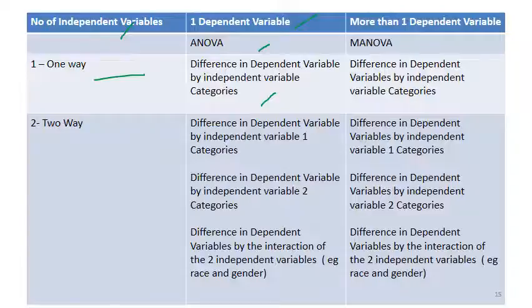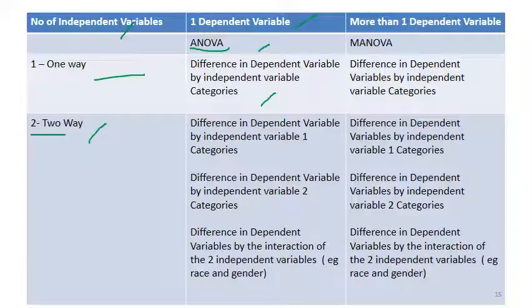If we're dealing with 2 independent variables, it doesn't matter whether it's 2 categories or 3 categories, it really doesn't matter. What matters is we're dealing with 2 independent variables here. Then this is what we mean by a two-way. And if it's one dependent variable, then it would be a two-way ANOVA.